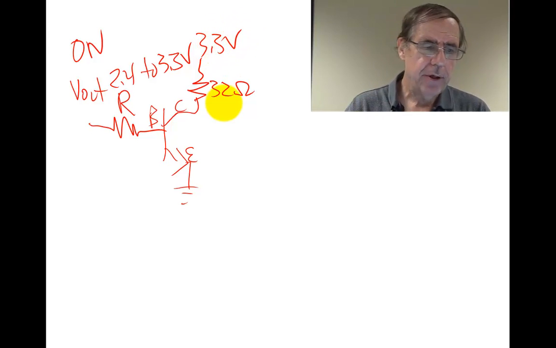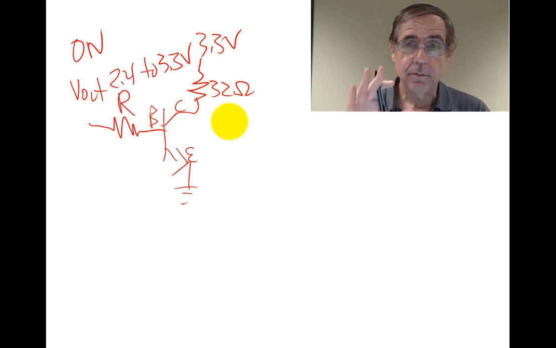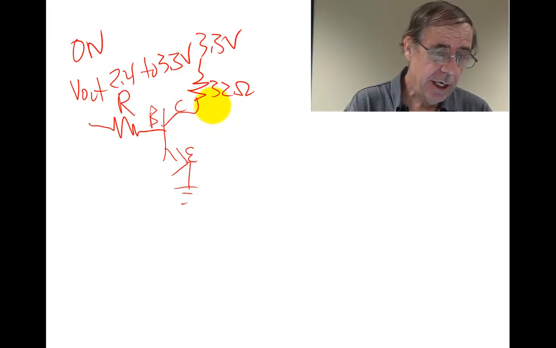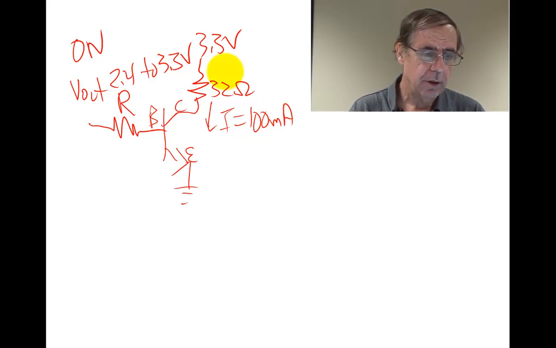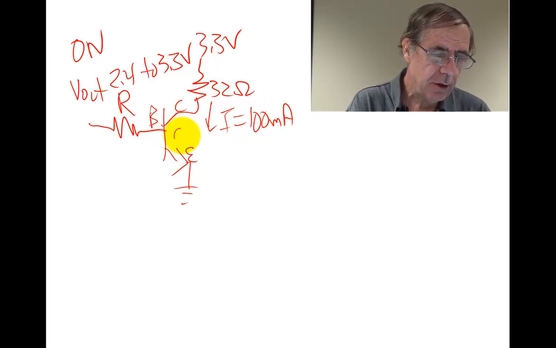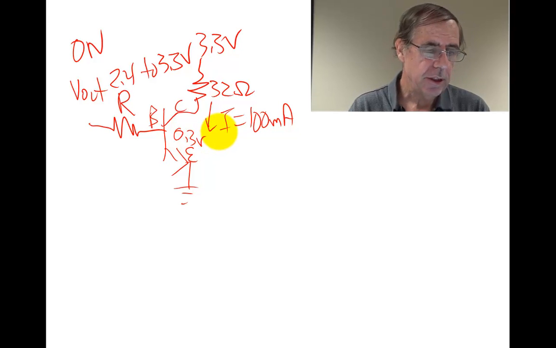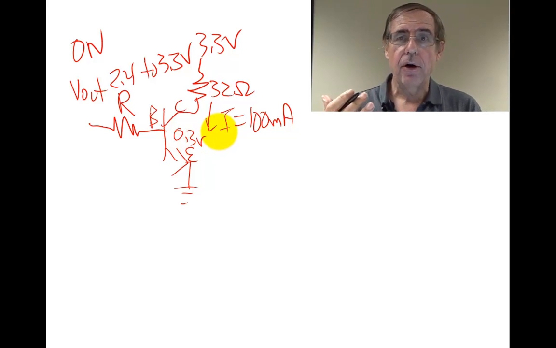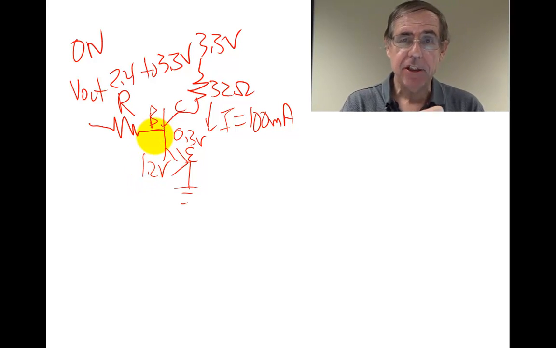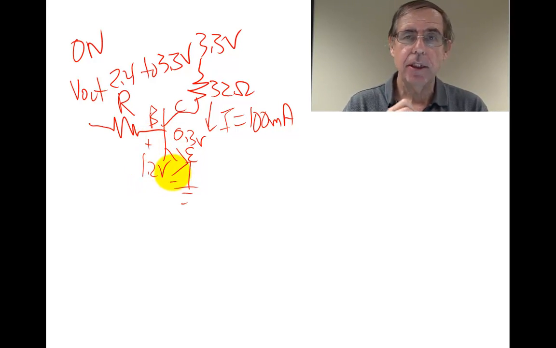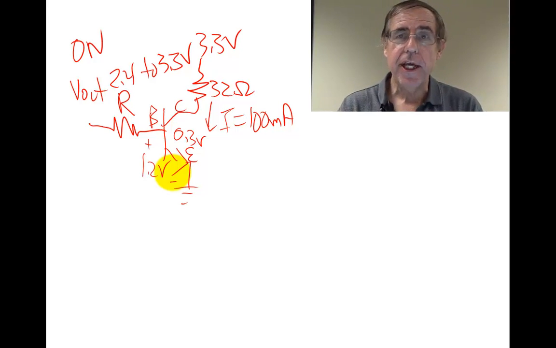And you remembered that in order to turn it completely on, full bore on, we're going to have about 100 milliamps of current right here. And we're going to have a voltage drop across here of about 0.3 volts. And so we saw before, we needed a 1.2 volt base voltage across here. And so we can now use the current gain of this amplifier.